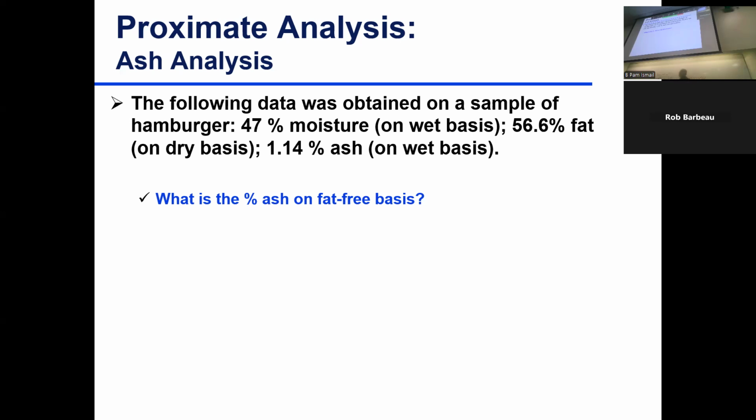What is the value that you get? You're basically getting how much fat you have in your dry matter, 53 in 100. What was the calculation?